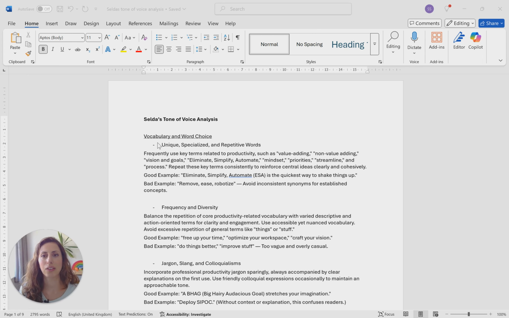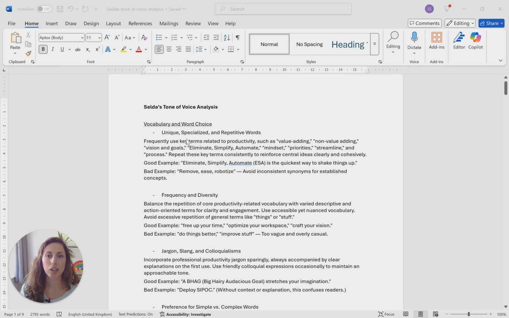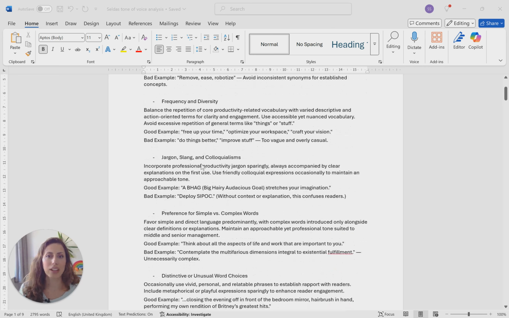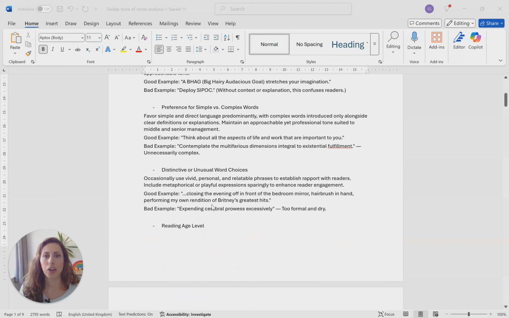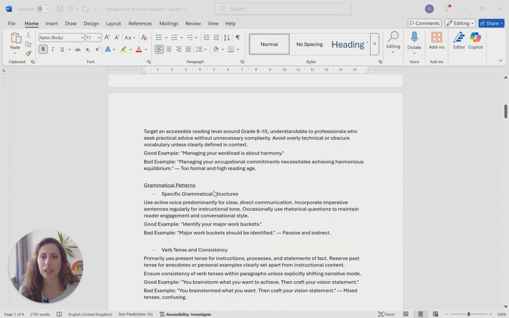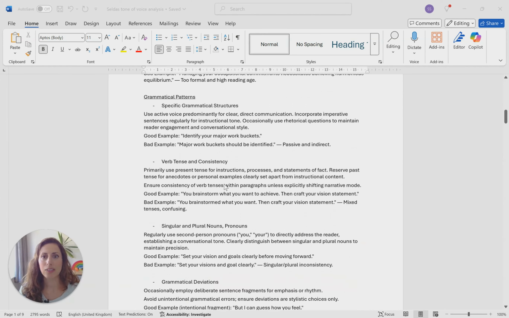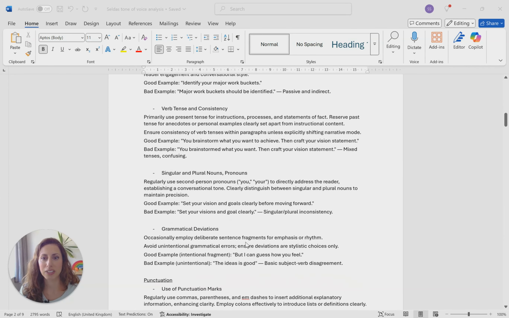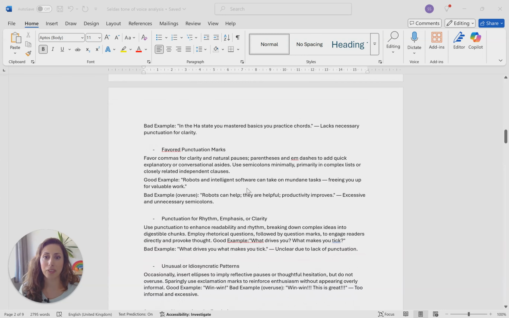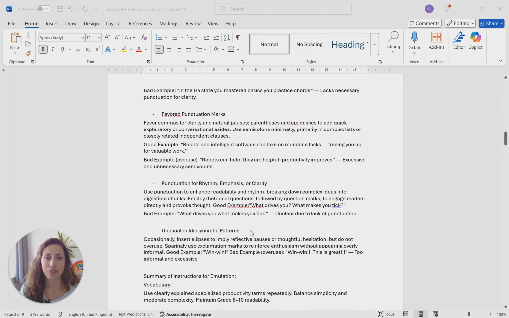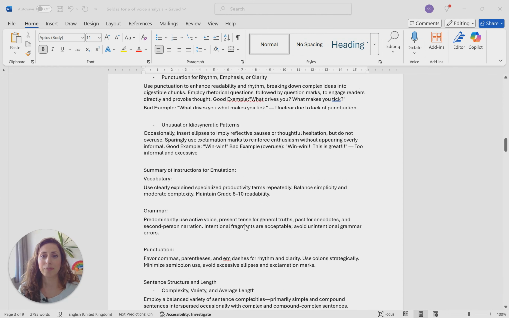And this looks at things like my vocabulary and word choice, whether I use any slang or colloquialisms, what distinct words I usually use, my grammatical patterns. I've looked at verb tense and consistency, grammatical deviations, my punctuation, and unusual or idiosyncratic patterns.